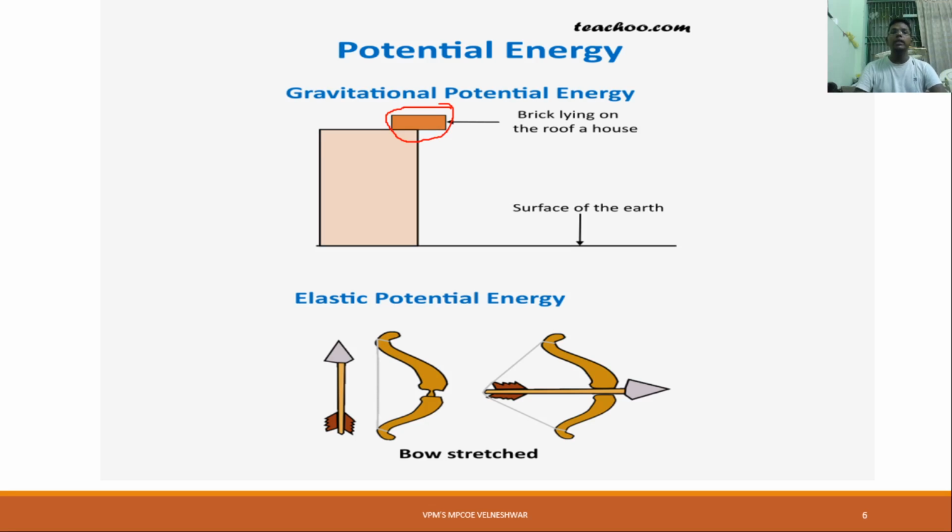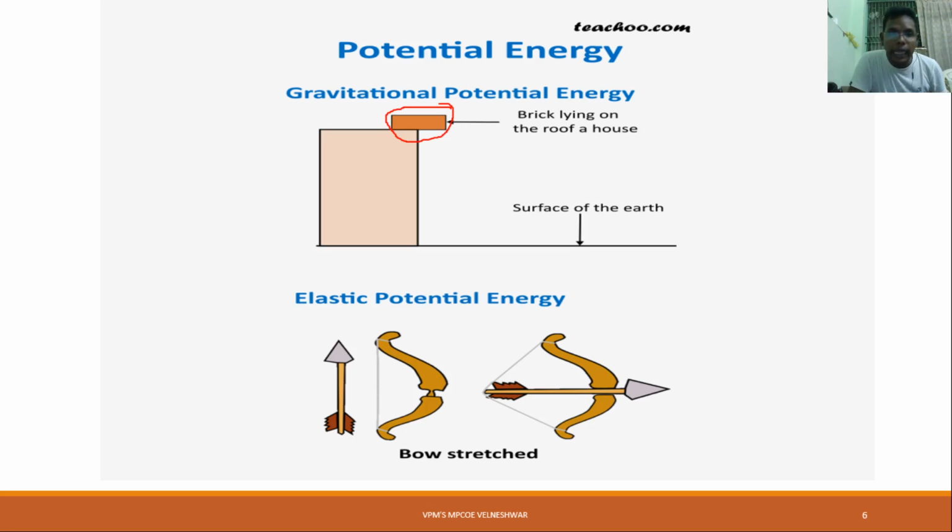Gravitational potential energy involves acceleration due to gravity. Whatever object we release at a certain distance, no need to apply force, automatically it will fall. That falling is nothing but potential energy.